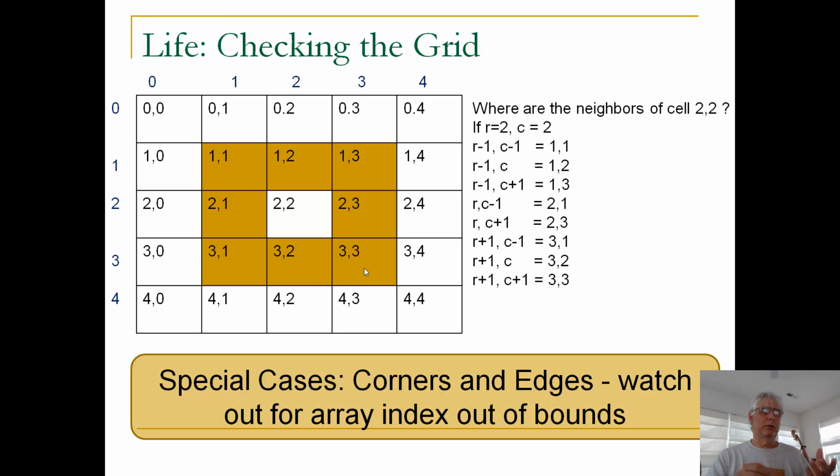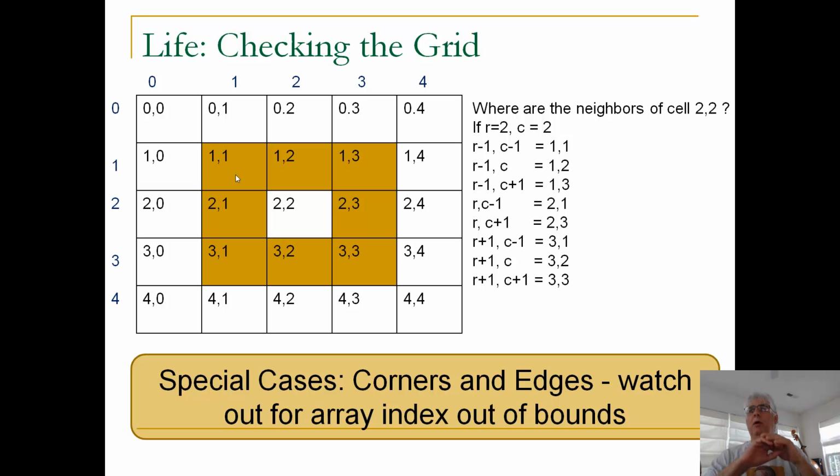When you go to search in your nested loop, you're going to move through the grid a cell at a time. You're going to want to first check the neighbors in the preceding row.